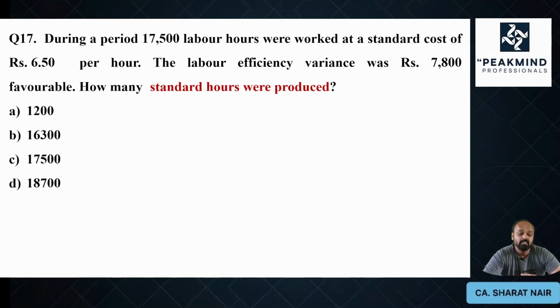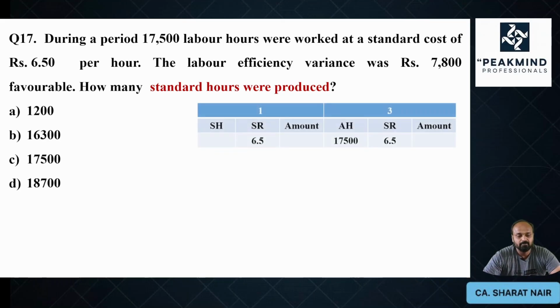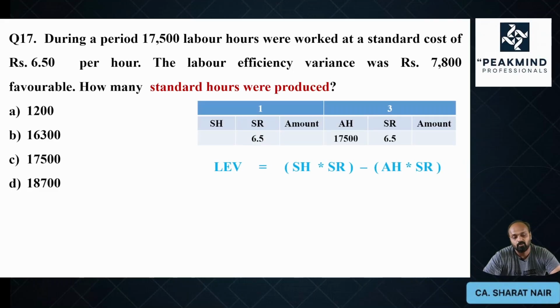Now, what is being asked? How many standard hours were produced? Now, we know that for labor efficiency variance, we have a formula. What is that? Standard hours into standard rate minus actual hours into standard rate. Now, if you see here, standard hours into standard rate means how much wages were supposed to be paid and how many hours workers were supposed to work. That is your table number 1, which we generally teach in the class.